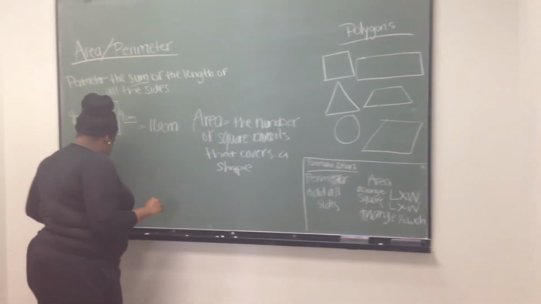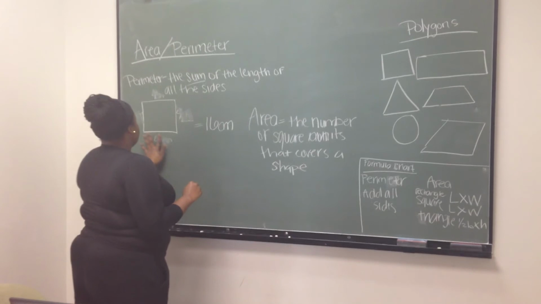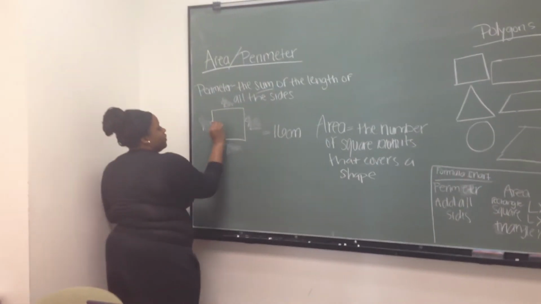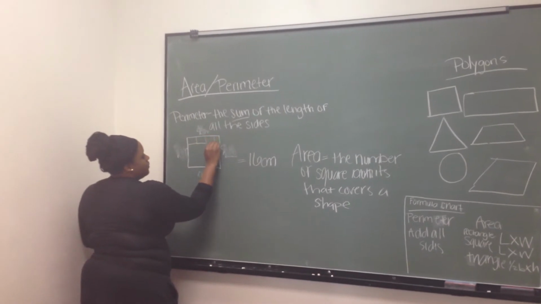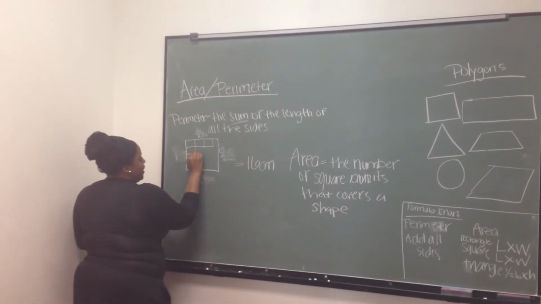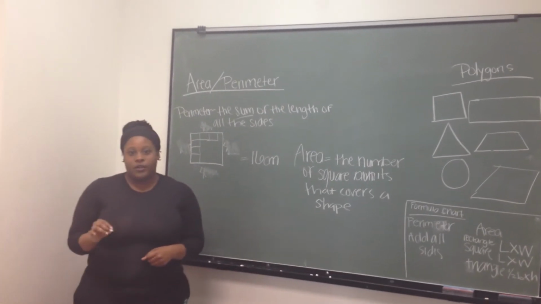So going back to the square, since we know that the side was 4, we do 4 across and 4 down. Now area is something a little bit different from perimeter.